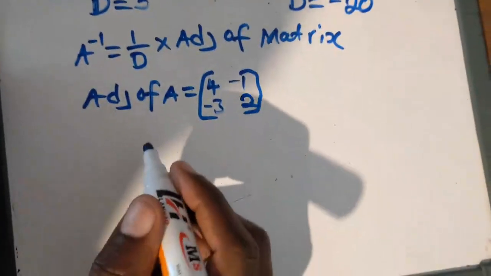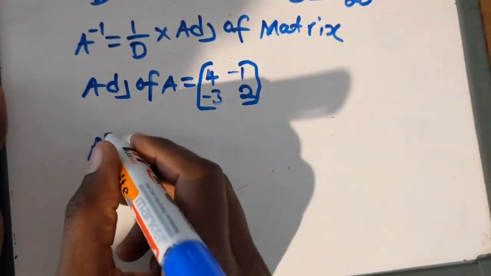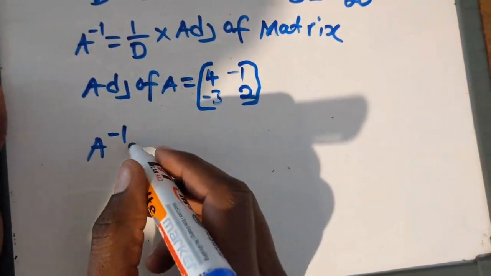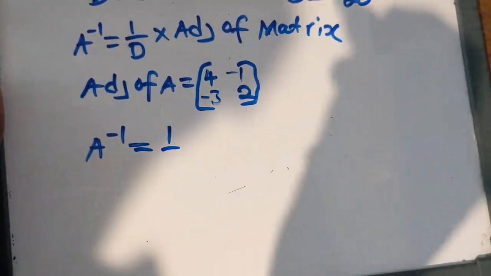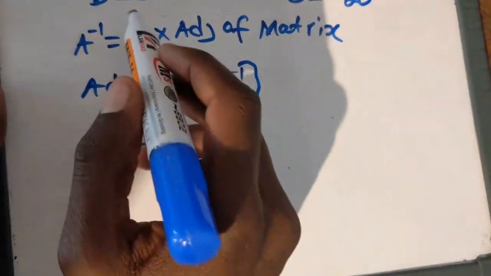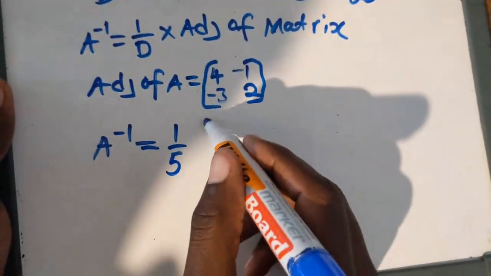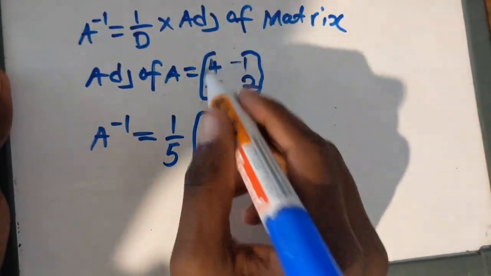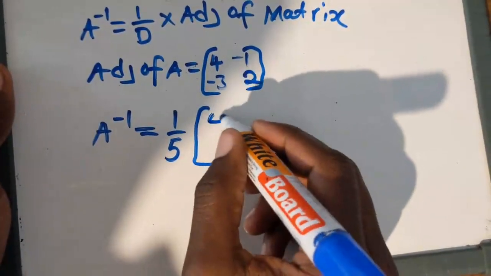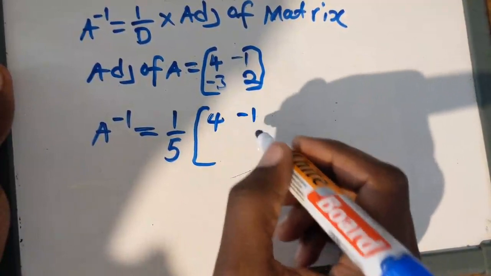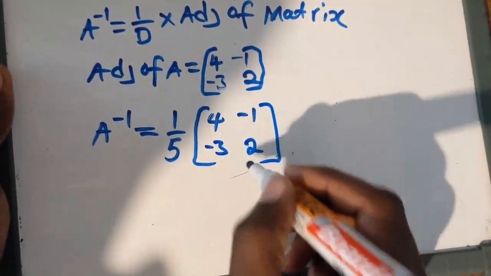Now the inverse of the matrix, A inverse, is equal to 1 over the determinant that we found, which is 5, multiplied by the adjoint, which is 4, negative 1, negative 3, then 2, like that.